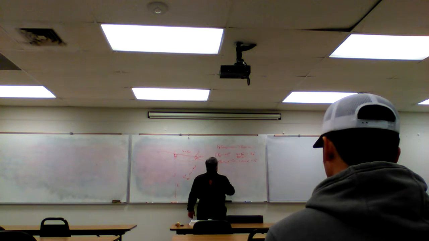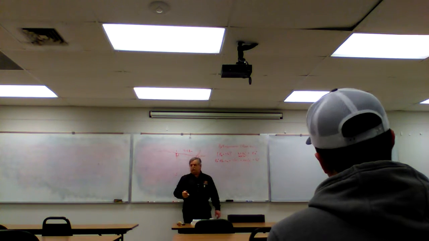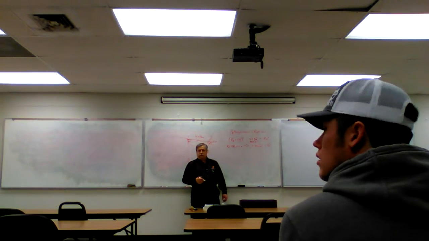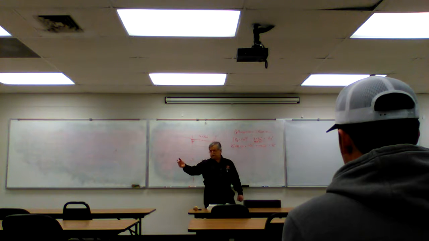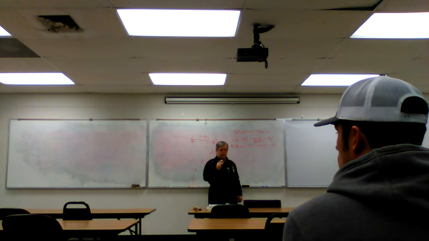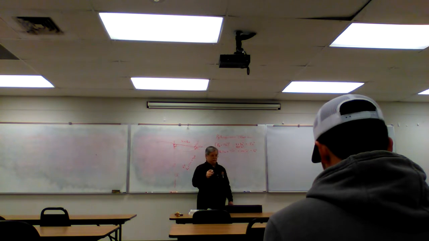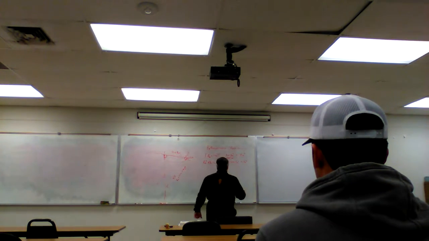But we have radius of the Earth squared on both sides of the equation. So how do we cancel them? You have to do the same. Whatever you do to one side of the equation, you have to do to the other. That's a fundamental rule of algebra.